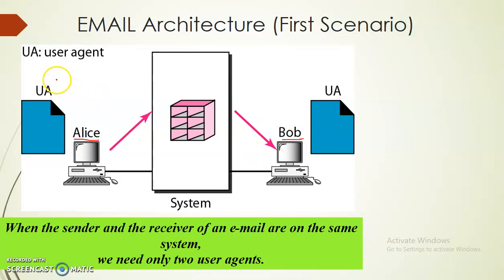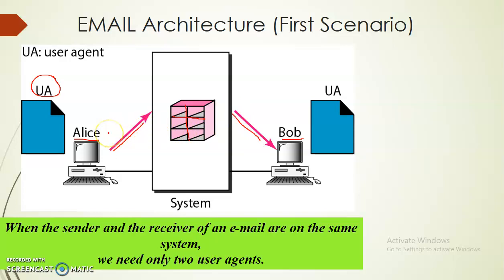And this is the UA, the user agent. Here we have one system. In this system we have some portion of the disk that will be accessed by different users, right? That particular part will not be accessed by another user, right? First thing. Second thing, both users are connected to the same system.